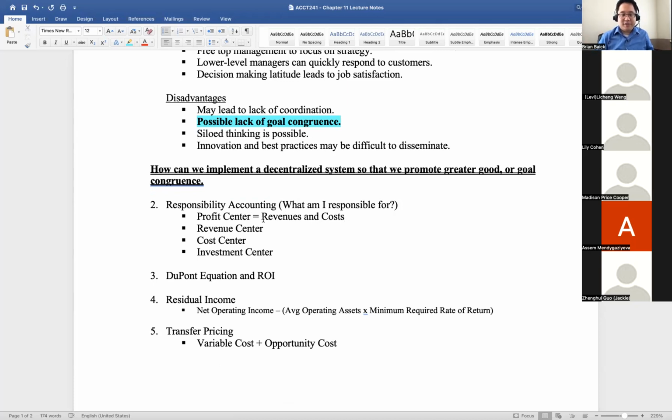That's called a profit center. Revenue center means you're only responsible for bringing in revenue. That one is maybe a little bit harder to understand, but think of maybe like a sales department. A sales department is responsible for selling the product, and then that's all they have to worry about. That means that they're a revenue center. They're only responsible for bringing money in.